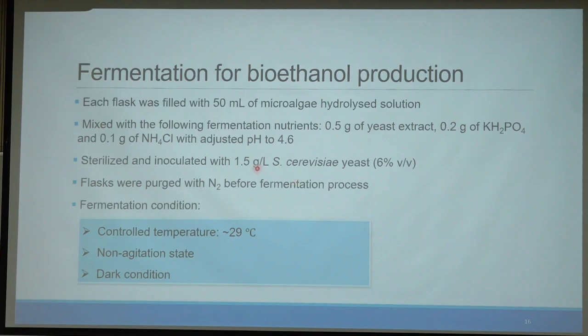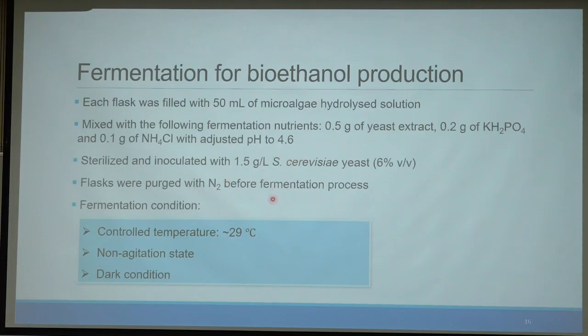And this is for the fermentation process. This time we are using 50 ml of the microalgae hydrolysis solution mixed with yeast and some nutrients for the yeast, adjusted to a pH of around 4.6, suitable for the yeast to survive.